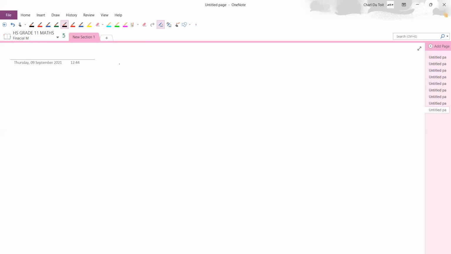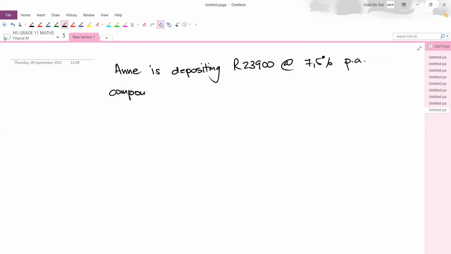So N is depositing, let's say, 23,900 Rand at 7.5% per annum, compounded weekly for 4 years.